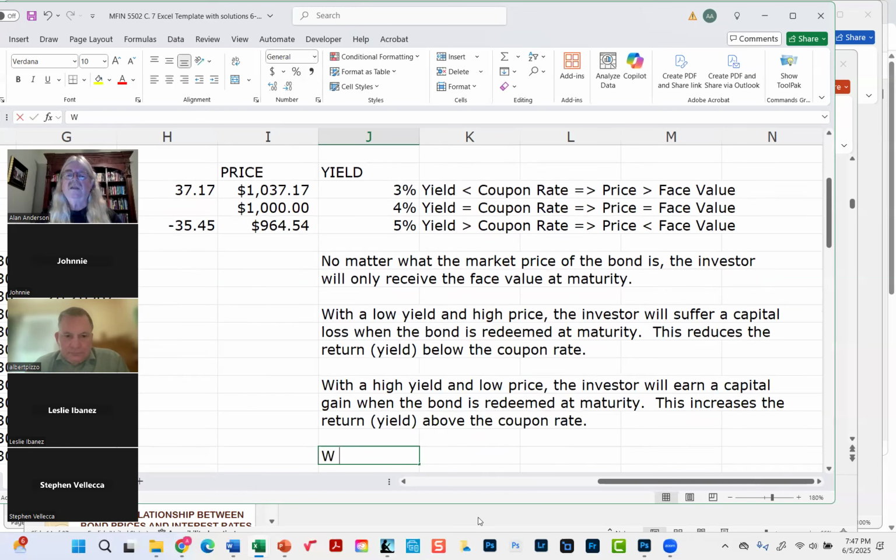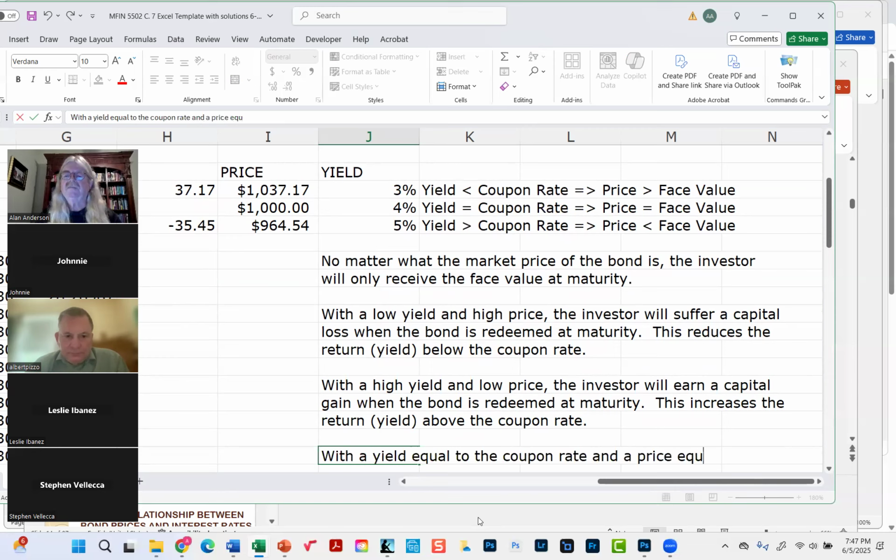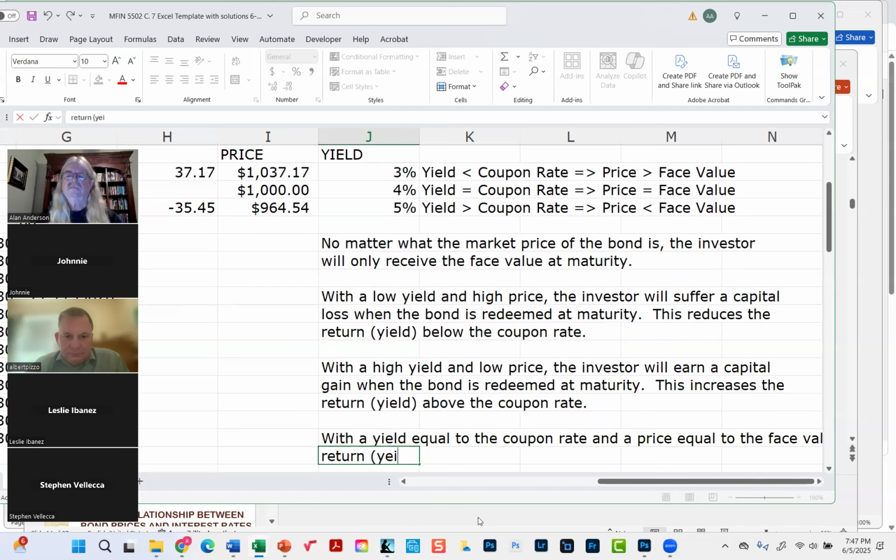But with a yield equal to the coupon rate and a price equal to the face value, the investor will not see capital gain or loss. So the yield will match the coupon rate.